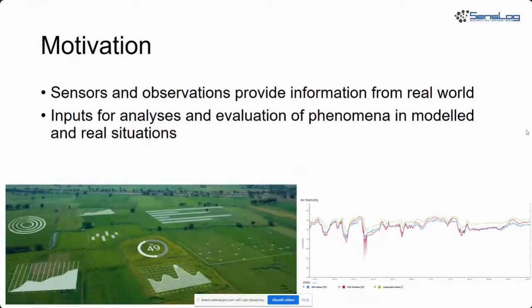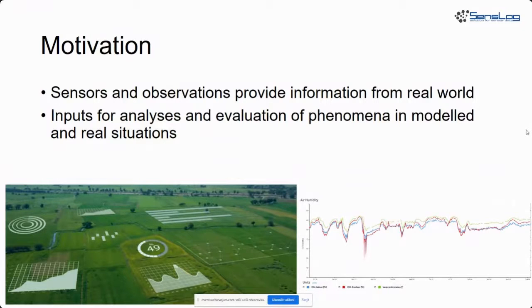The motivation is that sensor data produce a lot of important information, and they are connecting the real world with our modeled and simulated situation. So we are trying to compare the real world status to our modeled, lower granularity data.